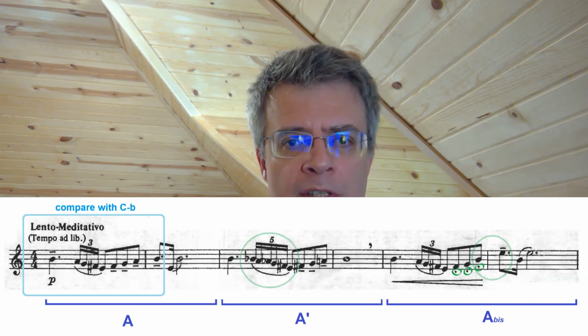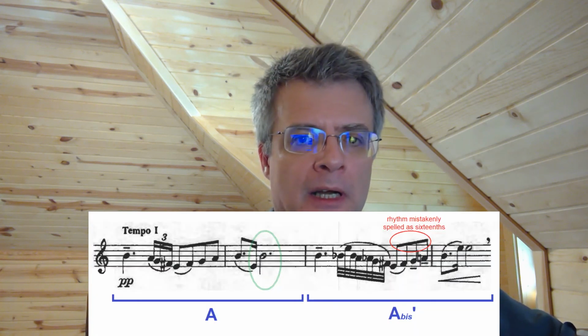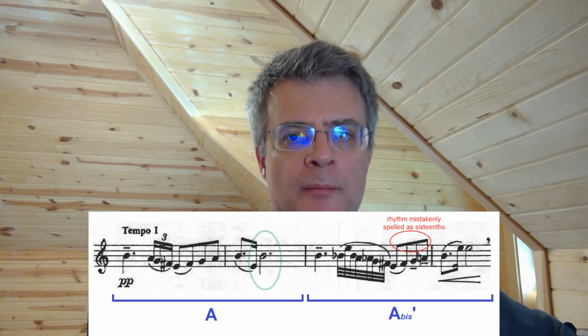And you remember that we had 3 iterations of the A motif: A, A prime, and A bis. Here we have only 2, and I call the second one A bis prima. I thought that the characteristic ending of the A bis marked the main difference, ending on E instead of B. Then, of course, we have this combination of the augmented fourth and the chromatic da da da da da da da.